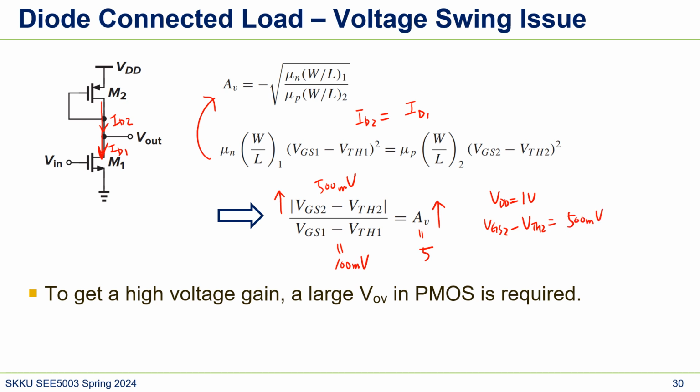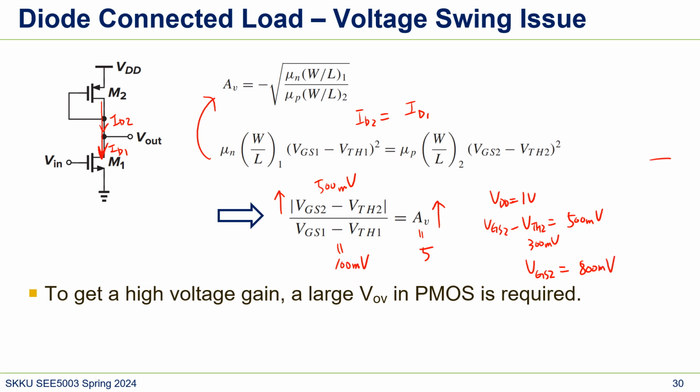And assuming that VTH2 is 300 millivolt, it gives us that VGS2 should be 800 millivolt.